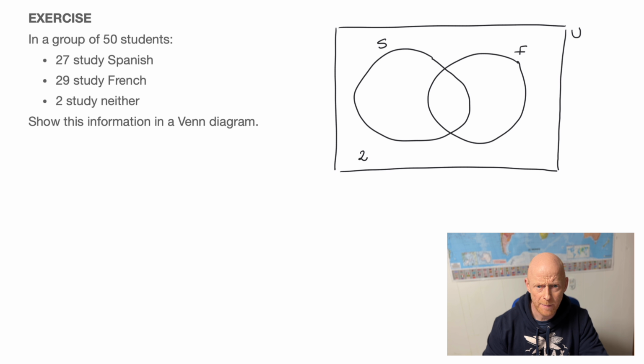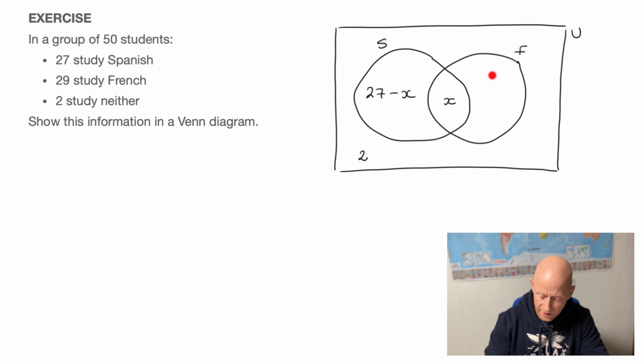Since I don't know how many students lie in the intersection here, in other words, how many students study both French and Spanish, I'll simply say that there are x students there. And so I write a little x like so. Next, since I know that there are 27 students who study Spanish, and that includes the x students we have here, there must be 27 minus x students who study Spanish and nothing but Spanish, since x students study Spanish and French.